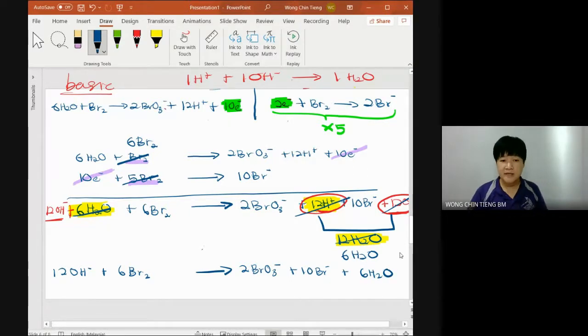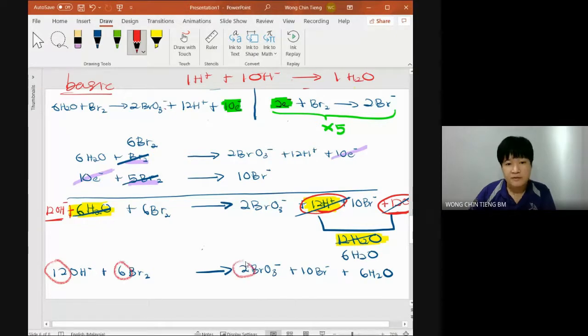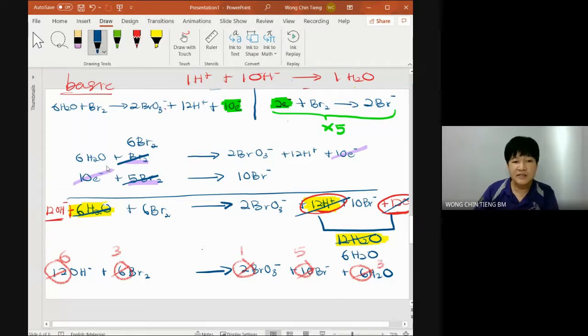And then, the same thing untuk dapat jawapan akhir yang tepat. The same reason. 12, 6, 2, 10, 6. Kita semua boleh bahagi dengan 2. Semua bahagi 2, yang ni akan jadi 6, yang ni akan jadi 3, bahagi 2 jadi 1, bahagi 2 jadi 5, bahagi 2 jadi 3. Salin balik dengan physical state.